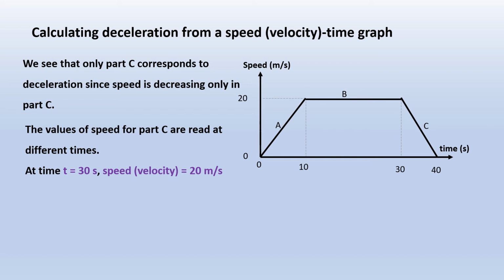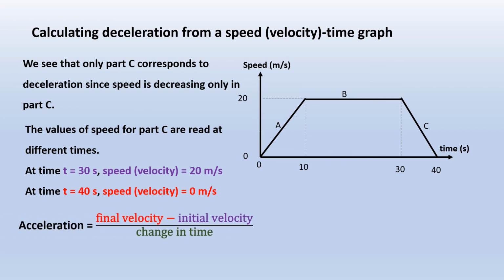At time t equals 30 seconds, speed is equal to 20 meters per second. At time t equals 40 seconds, speed is equal to 0 meters per second.